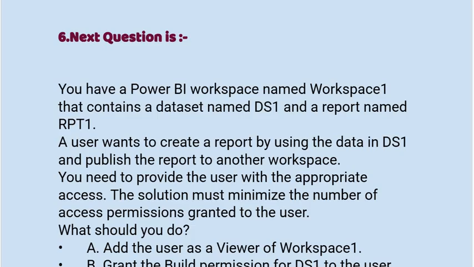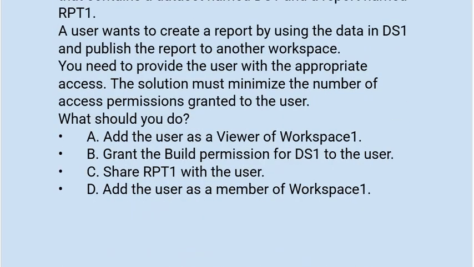What should you do? Option A, add the user as a viewer of Workspace 1. Option B, grant the build permission for DS1 to the user. Option C, share RPT1 with the user. Option D, add the user as a member of Workspace 1.